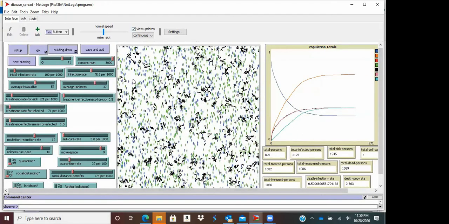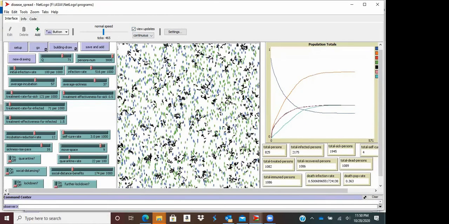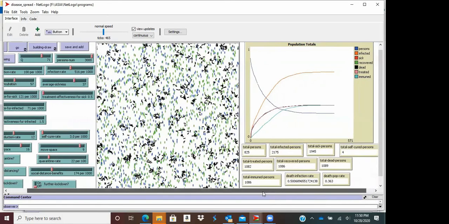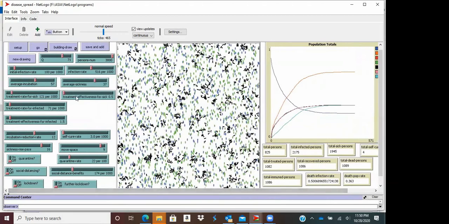So finally, without social distancing, without lockdown, without quarantine, out of 3,000 people, a total of 2,175 are infected, almost 2,000 got sick, and 4 people just cured by themselves. And how many people died? 1,089 people died. So that gives us some statistics there.